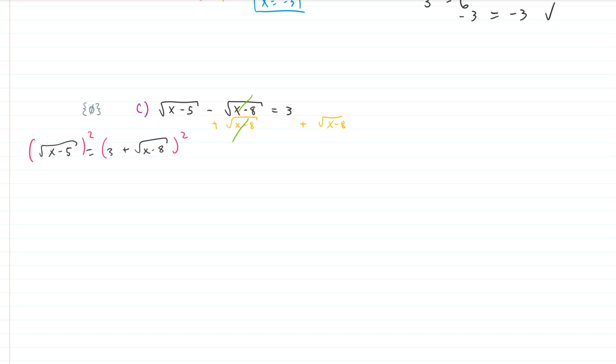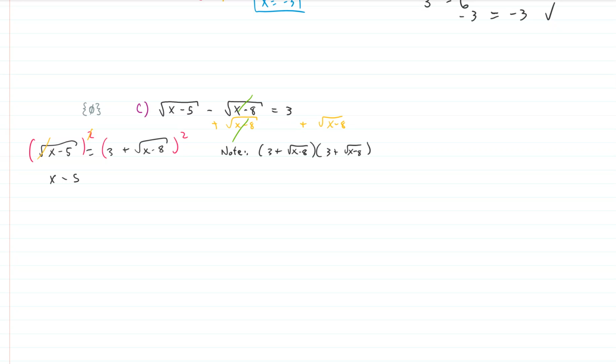Now, on the left, things work out great because the square root and the square cancel. On the right, we actually have a problem, a foiling problem. So let's just do it here. 3 plus radical x minus 8 times 3 plus radical x minus 8.